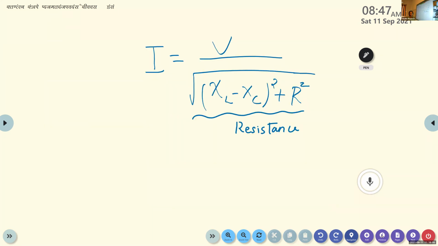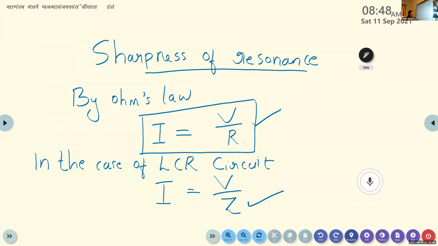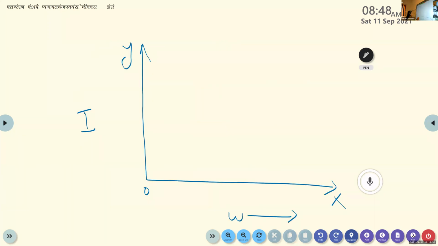From the above expression, it is clear that in the case of an LCR circuit, the resistance offered by all three components is large. In the denominator, we have the combined effect of the resistance offered by the resistor, inductor, and capacitor. So the value of resistance is large, and we can say that it offers a minimum current. So the graph will be like this.